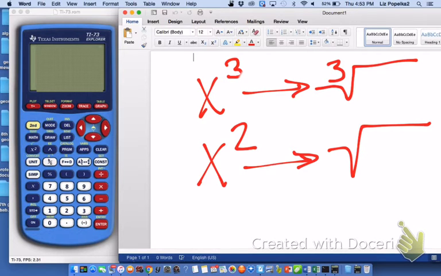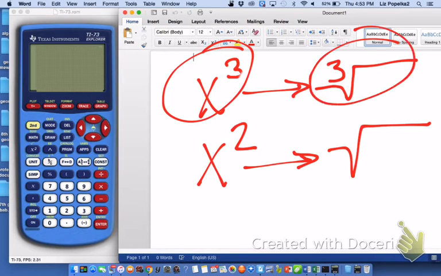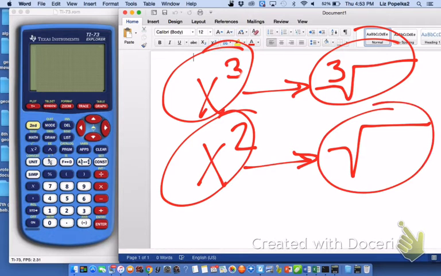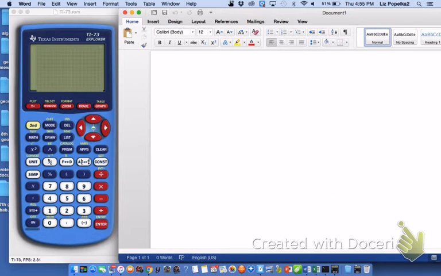So just like adding and subtracting are opposites, multiplying and dividing are opposites, cubing and cube roots are opposites, and squaring and square roots are opposites. Now that we've activated that background knowledge, let's look at some practice problems.